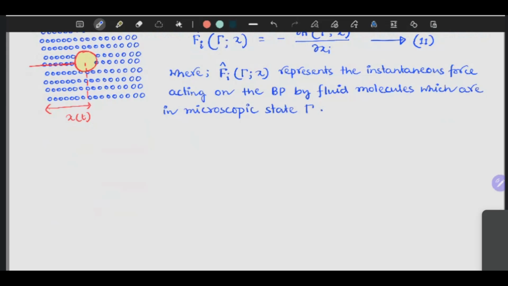Okay, now we want to know the macroscopic quantity, right?